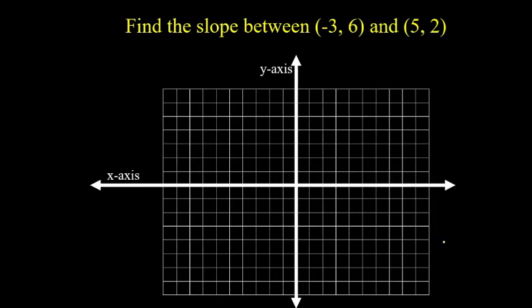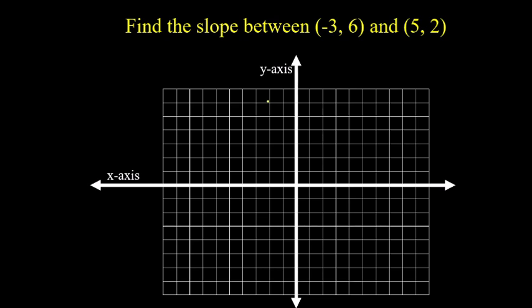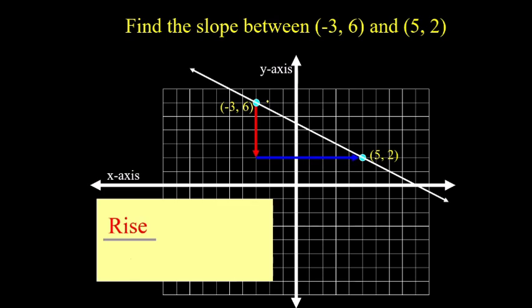Find the slope between (-3, 6) and (5, 2). As you can see, this is the slope.